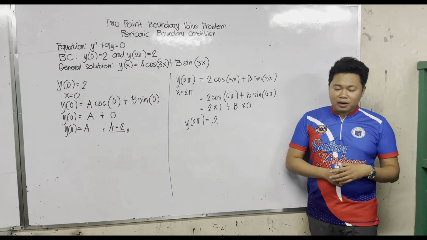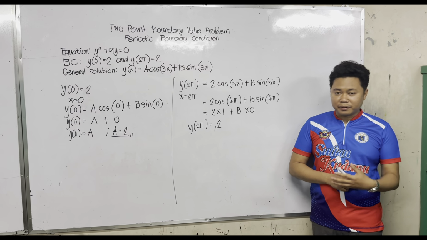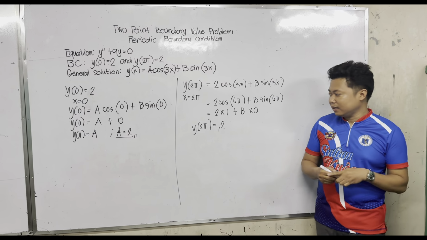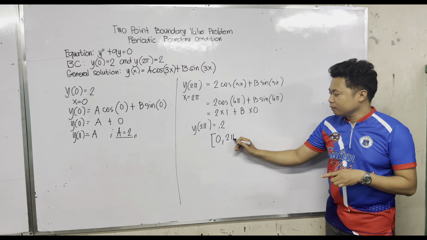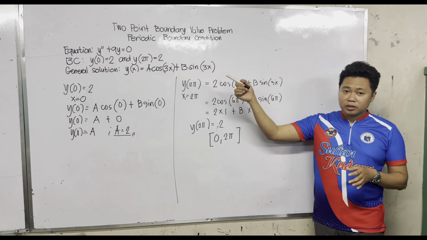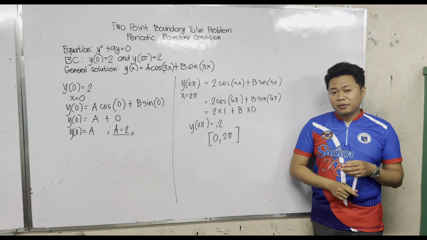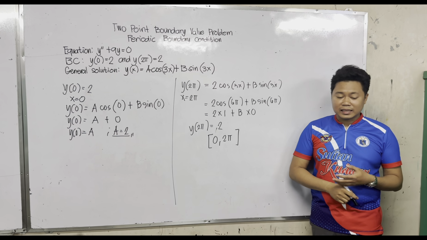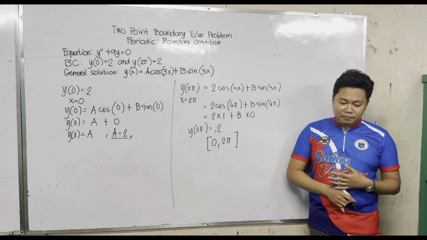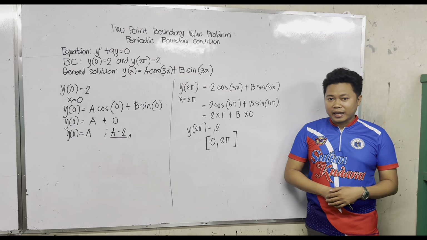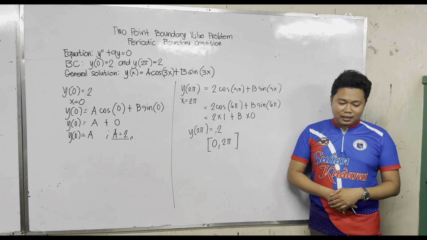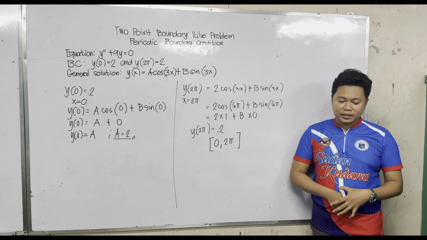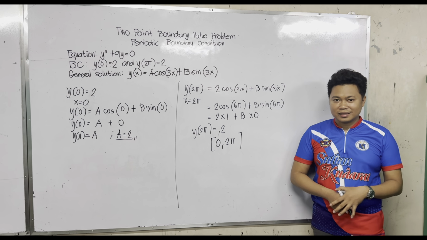The key property is that the problem has periodic boundary conditions on an interval from 0 to 2 pi. The eigenfunctions of y double prime plus 9y equals 0 are cosine 3x and sine 3x, both having period 2 pi over 3, but more importantly, they satisfy the periodic boundary conditions for this specific interval length.